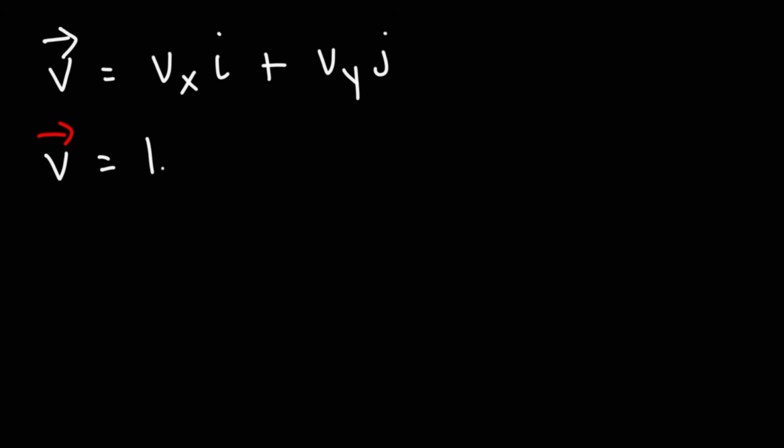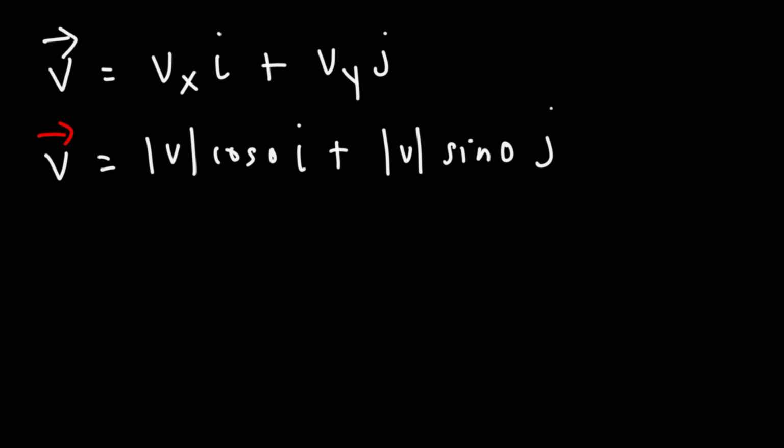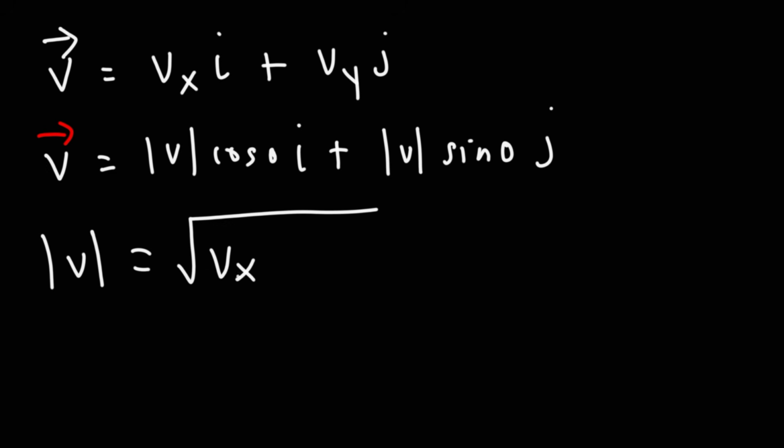We know vx is v cosine theta, and vy is v sine theta. By the way, when you see v in absolute value, that represents the magnitude of v, which in this case is going to be the square root of vx squared plus vy squared. So this is for two-dimensional vectors.